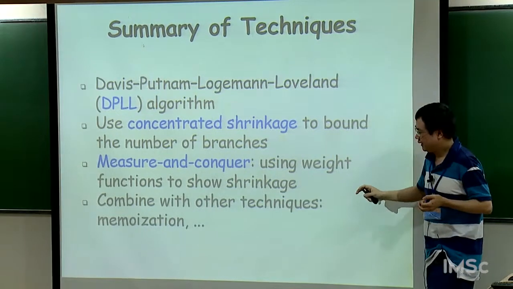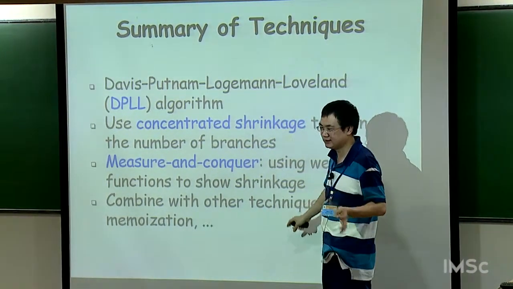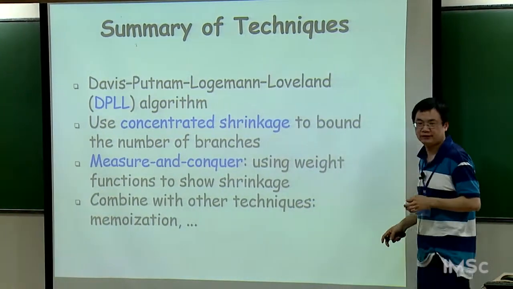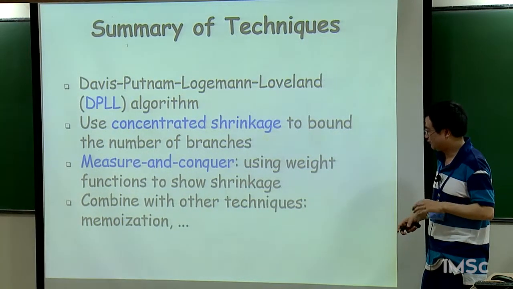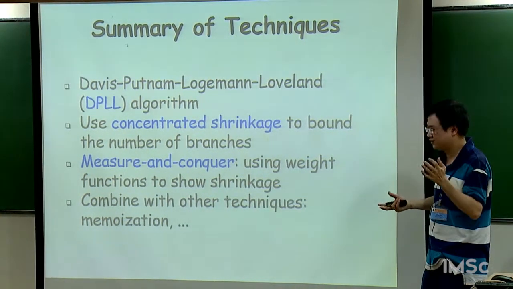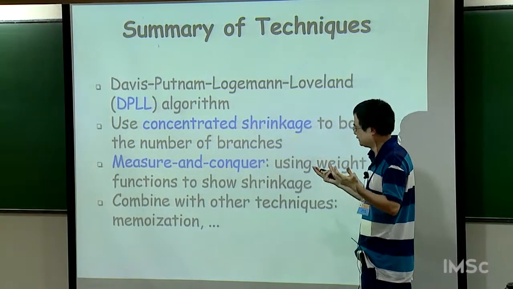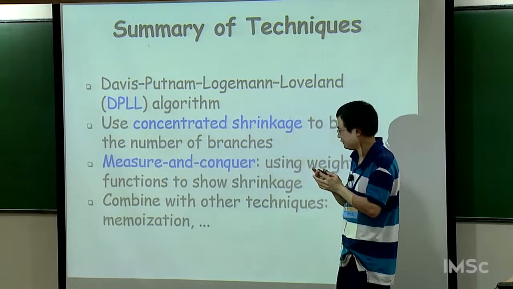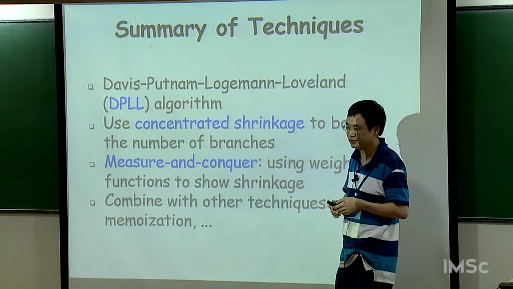And finally, these kinds of algorithms can be combined with other techniques like memoization, and also Gaussian elimination and so on. So using these other techniques to solve different families of circuit classes and also circuits with larger size. So that's all of my talk. Thank you very much.